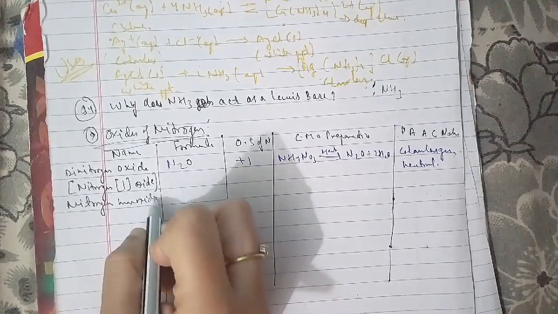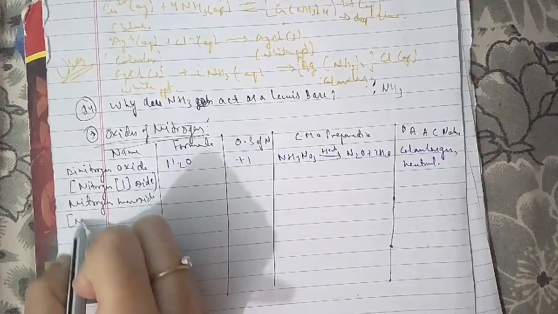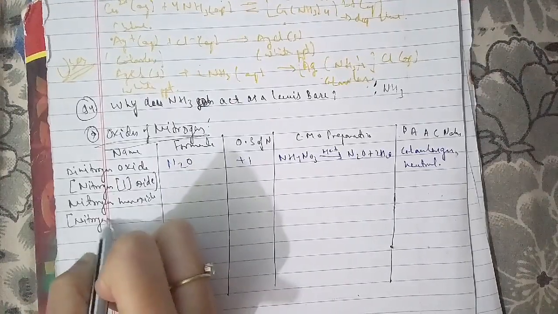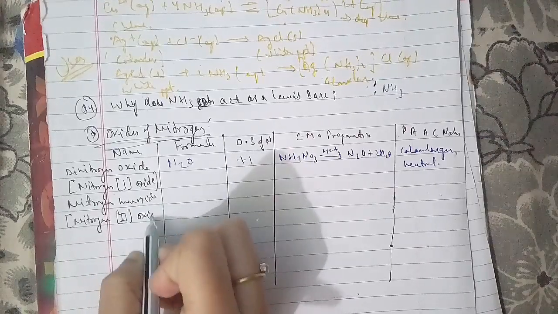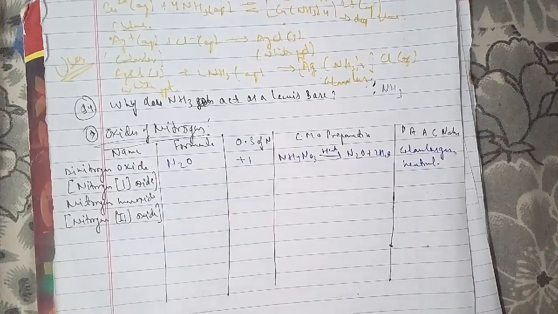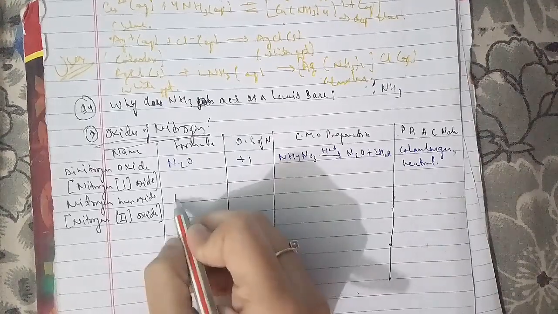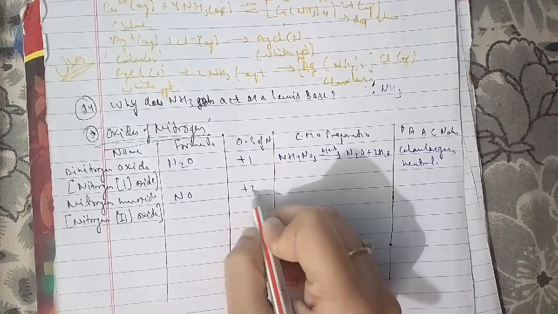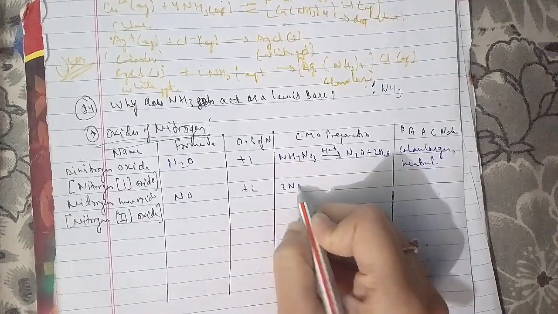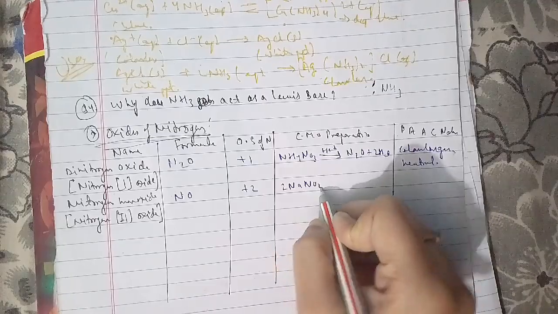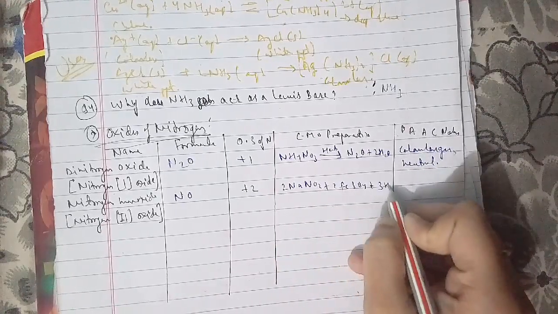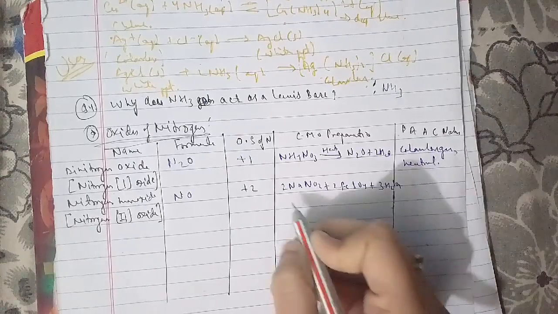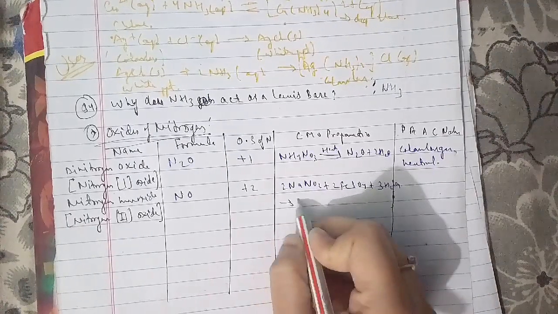It is a blue solid and acidic as well. Another one is nitrogen dioxide, which is nitrogen 4 oxide.